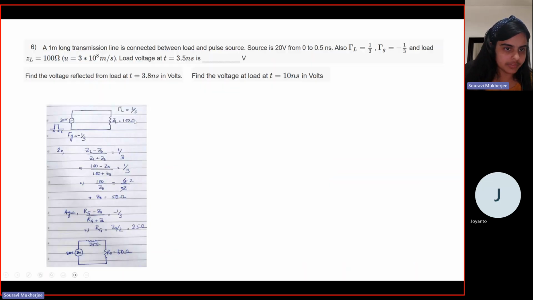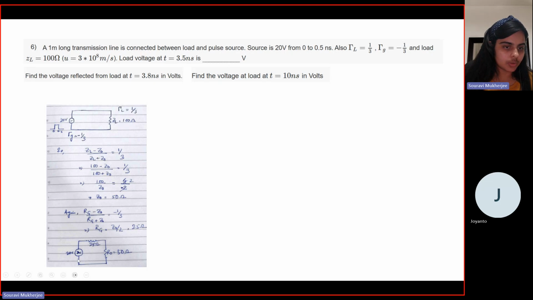Okay. So if you do that, this would be something like this, right? So this is what you have. Here, ZL is known, Z naught has to be found, and you know what gamma L is. So if you use this relation, you can find your Z naught. So this is the characteristic impedance of your transmission line. Now, similarly, at the source end, again, you can use the reflection coefficient at the source, right? And from here, you can find the resistance at the generator side, which is 25 for this question.